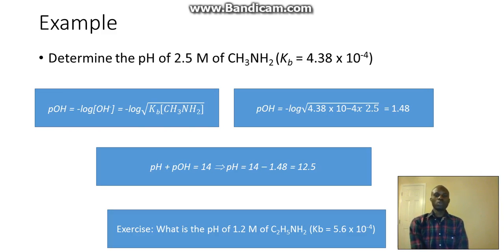So I want you to work on this one. Use the same formula. What is the pH of 1.2 molar C2H5NH2? That is another base whose Kb is 5.6 times 10 to the power minus 4. That is your exercise.